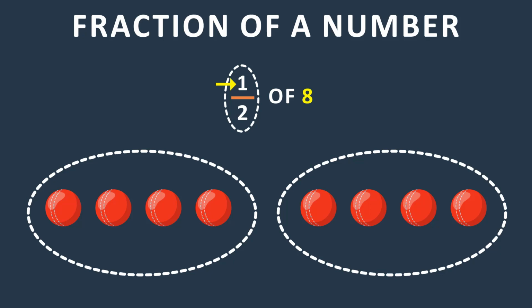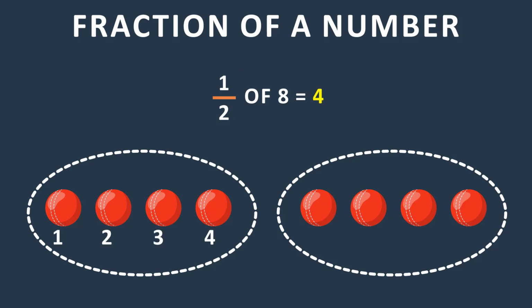Now looking back at the question, it says 1/2. This means we have to count the number of balls in the first group. There are 4 balls in the first group, so 1/2 of 8 is 4.